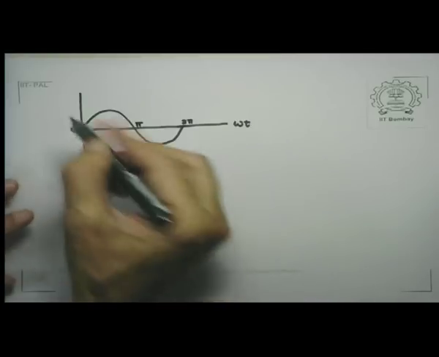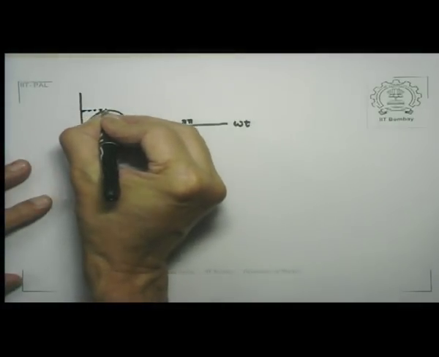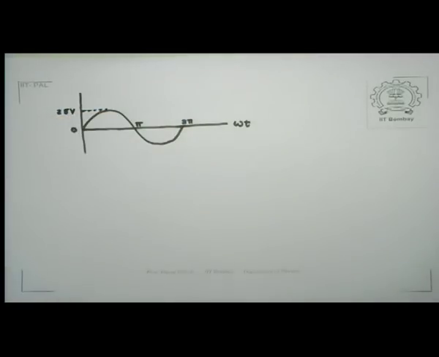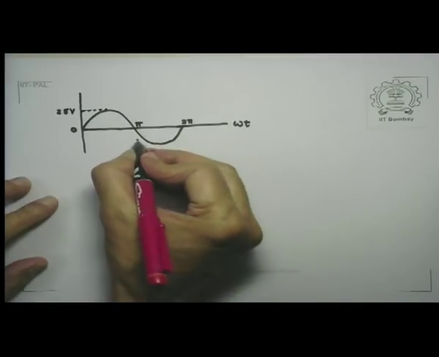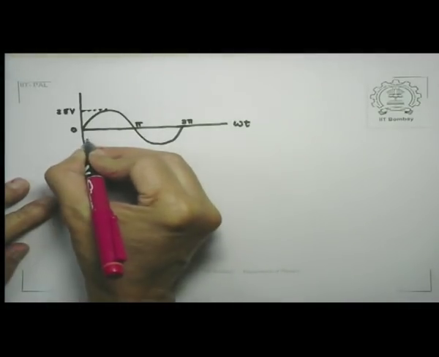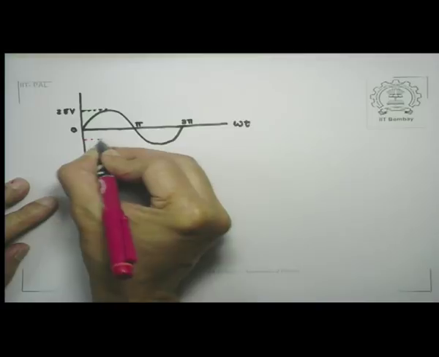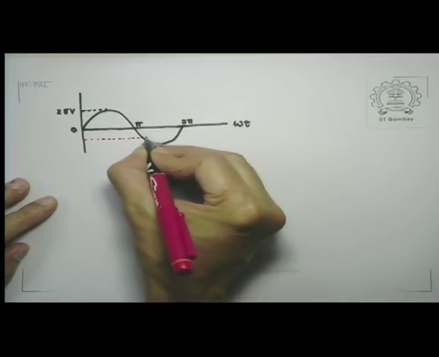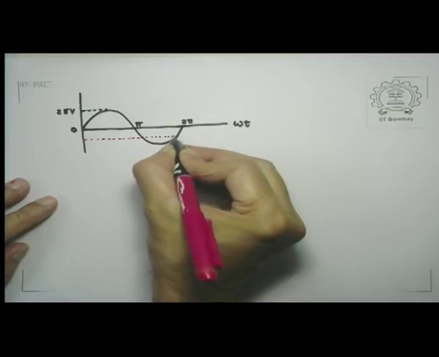So this maximum here we have said is 25 volts. Now we are looking for the voltage becoming minus 12.5. So roughly I'm looking at half this value. So this will be either a point here or a point there.